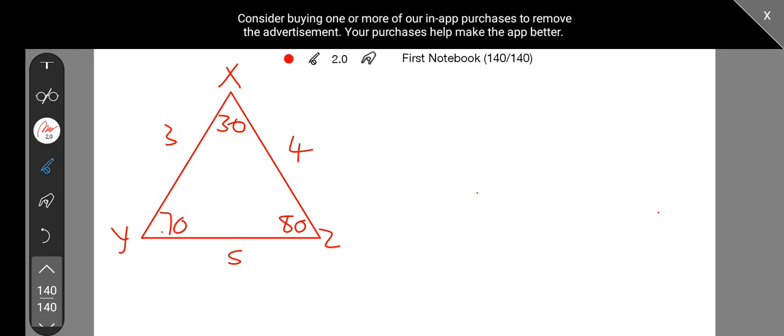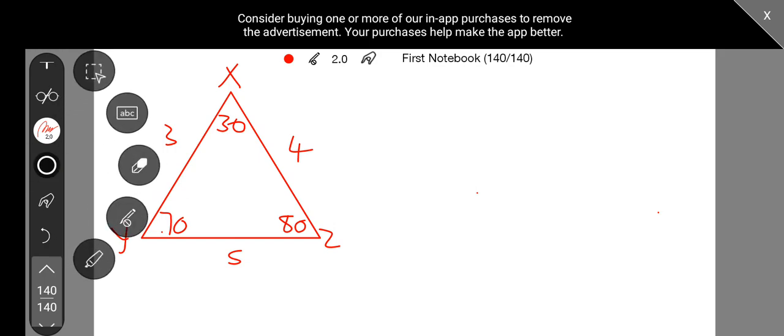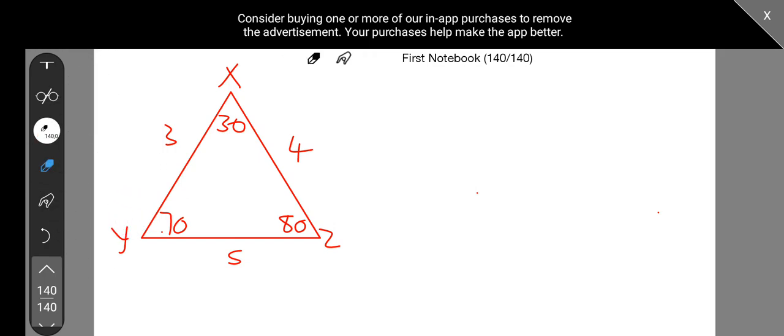Suppose 70 was given, or let me cancel other ones. What am I going to cancel? Let me cancel 30 and 80. Okay, so here is Z. Find the area of the triangle. Because the angle 70 is given, I'm going to use 70 and the two sides in which 70 lies between. 70 lies between 3 and 5.